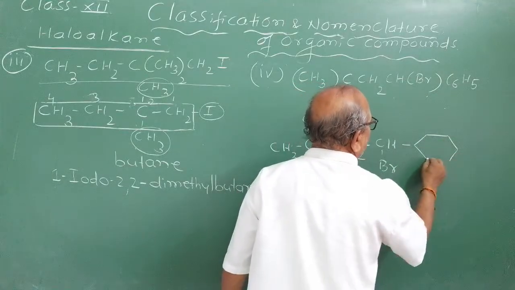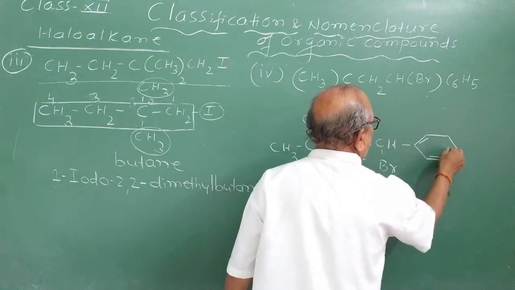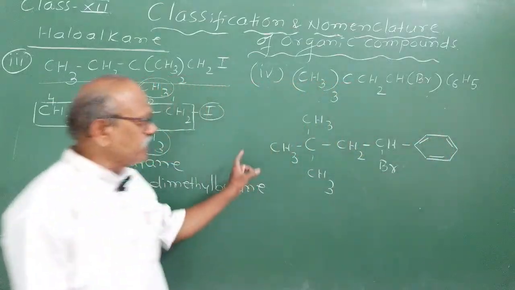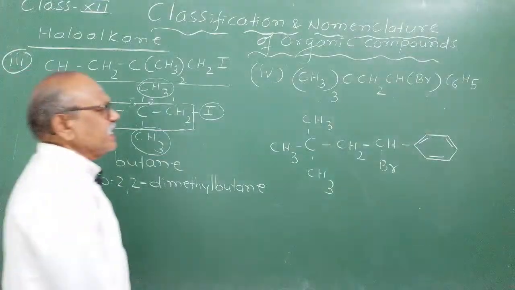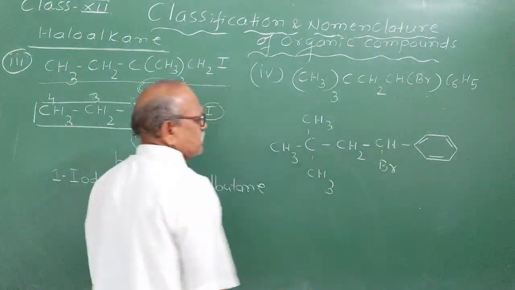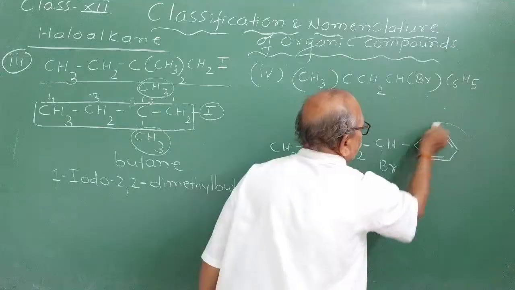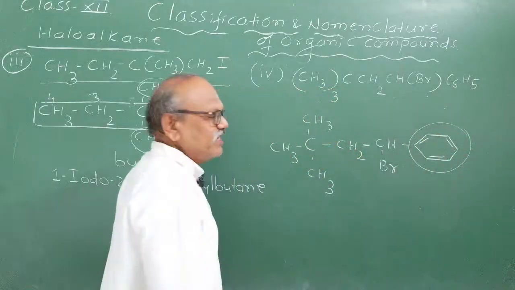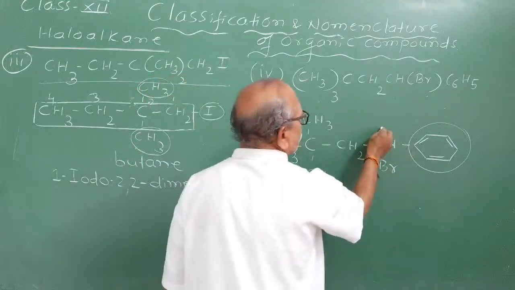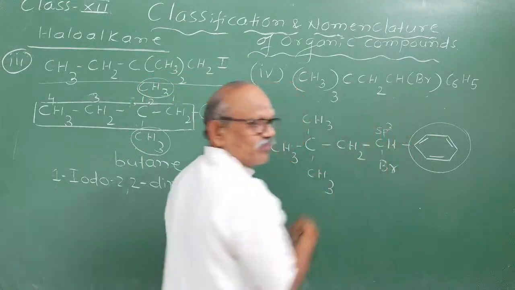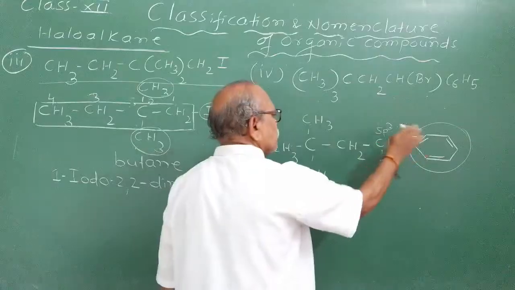It is nothing but a phenyl group. You have to draw the open structure like this so that you can name it easily. In case of such compounds, this is considered a substituent group. It is a phenyl group because it is linked to an sp3 hybridized carbon atom. Therefore, it should be taken as a substituent group.